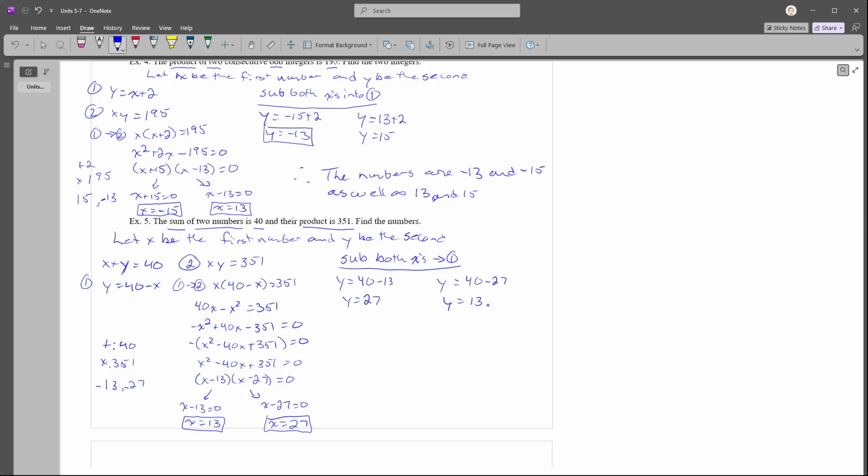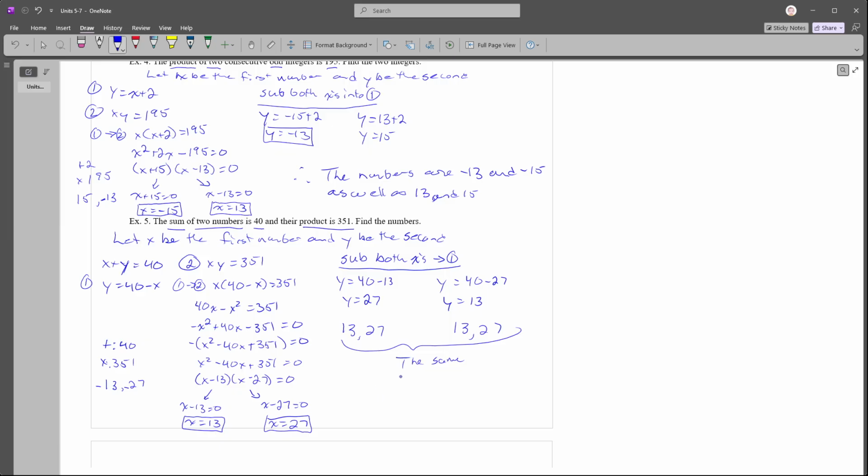Oh, wait. So that means in this situation, we have 13 and 27. And in this situation, we have 13 and 27. So just because we came up with two solutions, remember the whole question was just two numbers. There's still two numbers, but they're still the same. So we only have one answer this time. That is also a possibility.